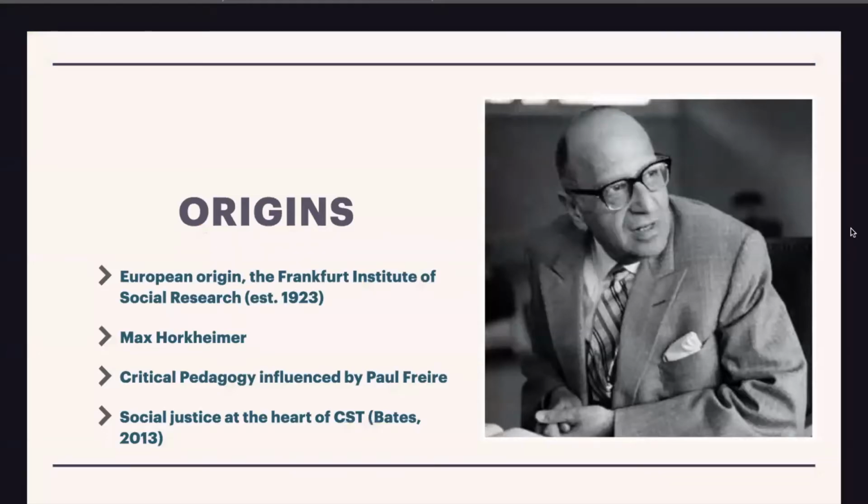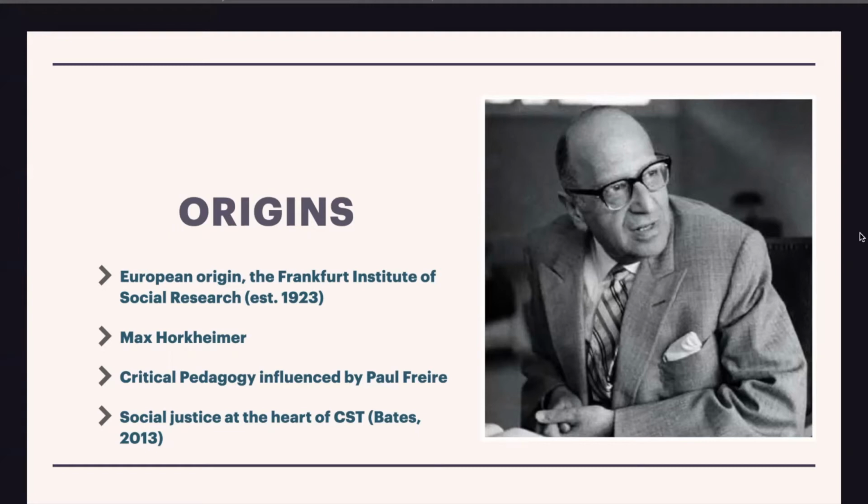So, in terms of the origin of the theory, there are two broad traditions that have stemmed from this theory. The first one being in European origin. The Frankfurt Institute of Social Research was established in 1923, and Max Horkheimer became the pioneer of this theory.